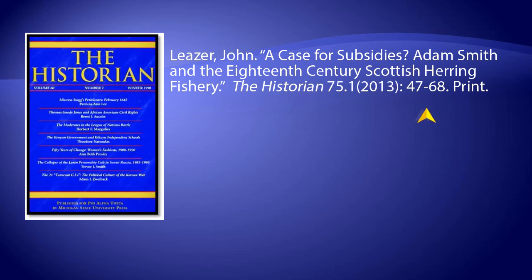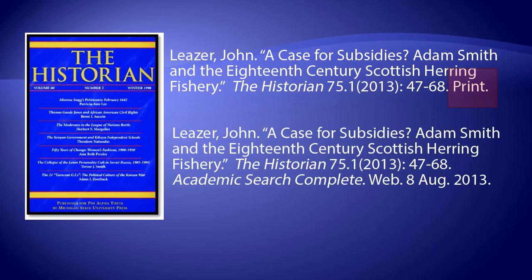These page numbers refer to the pages in the journal on which the article appears. And finally, again, is the word print to indicate that this is from a print, not an online journal. If you do find an article in an online journal, make sure you indicate the database that you found the journal in and the date that you accessed it.